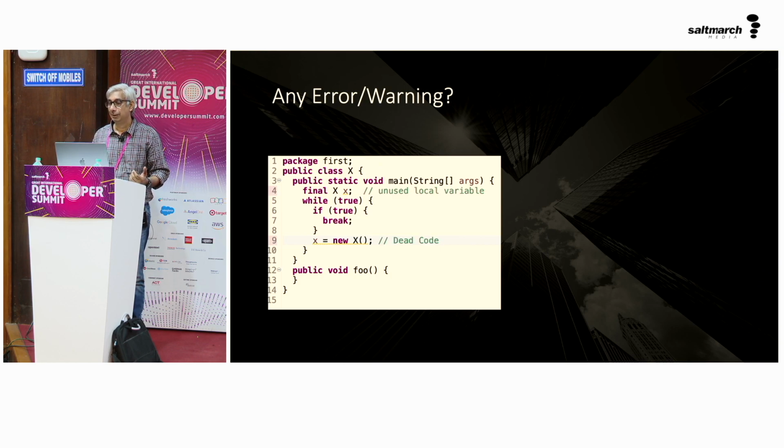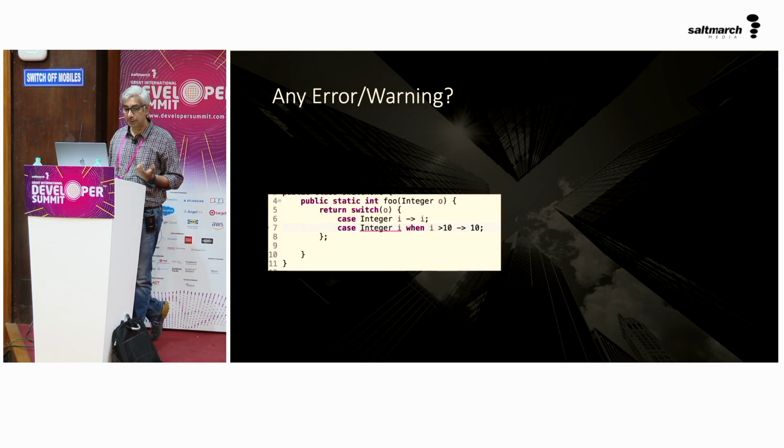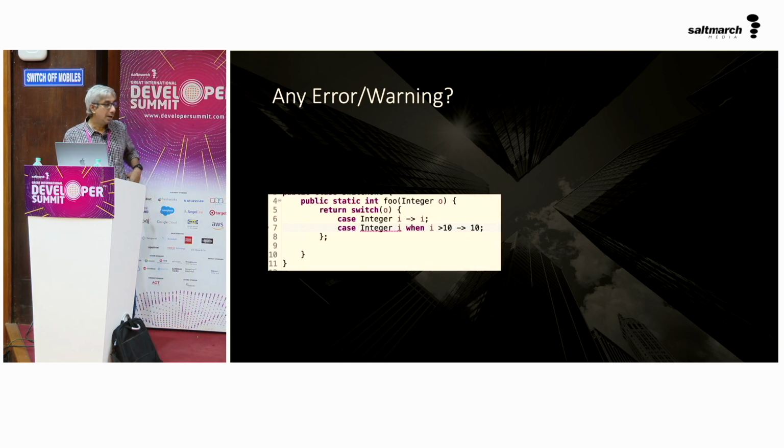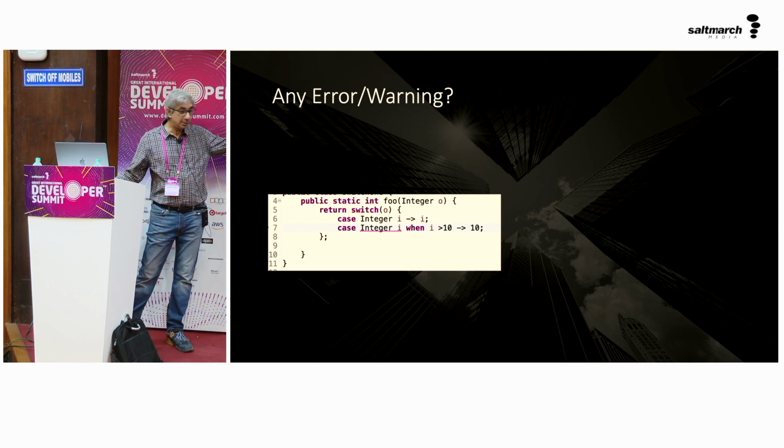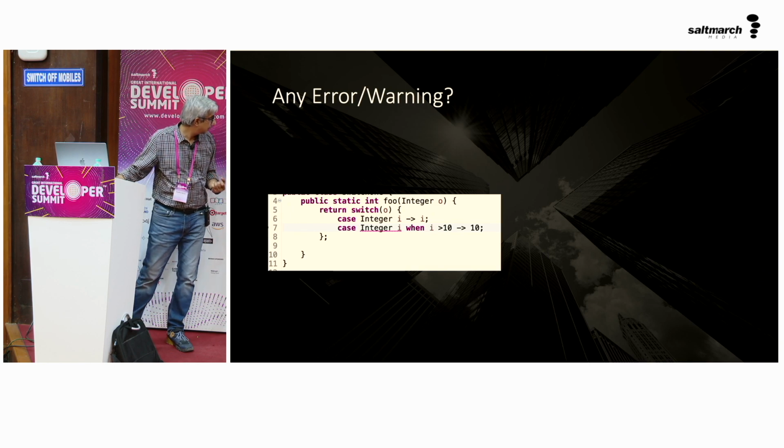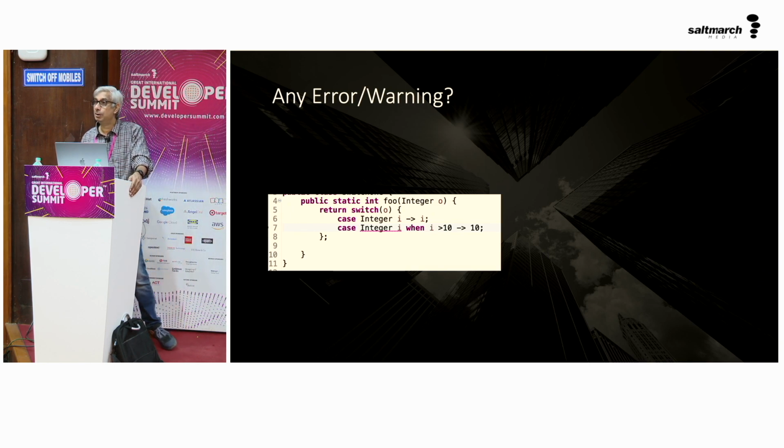You're only assigning a value to it. So these are the subtle flow analysis which probably escapes. And now, I know some of you have not used these pattern switches, but there is an error here. Can you figure out what the error is? The 7th line, what is the error?